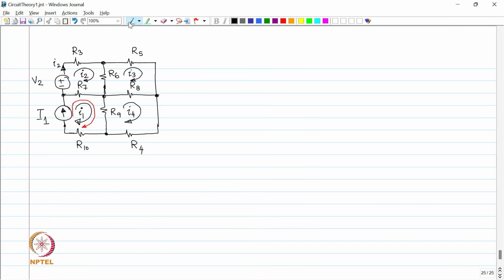So, what I am going to do is, I am going to remove this R6, and instead of R6, I am going to call it capital I6. Fine. Now, what do we do?